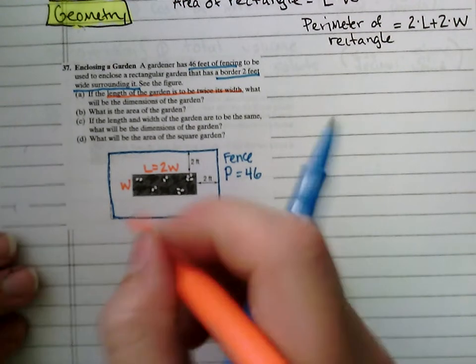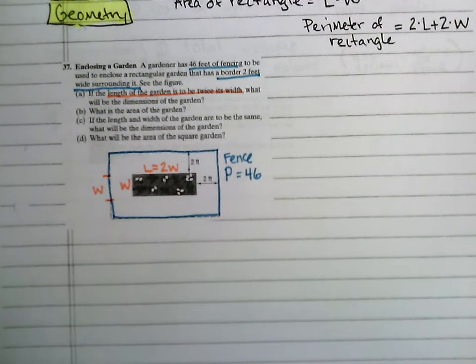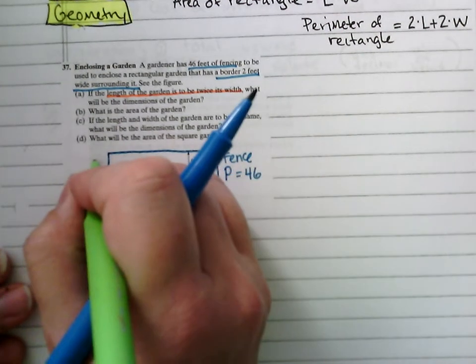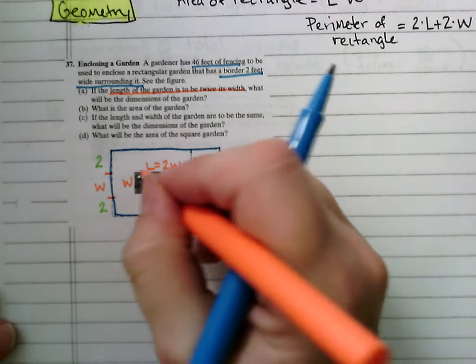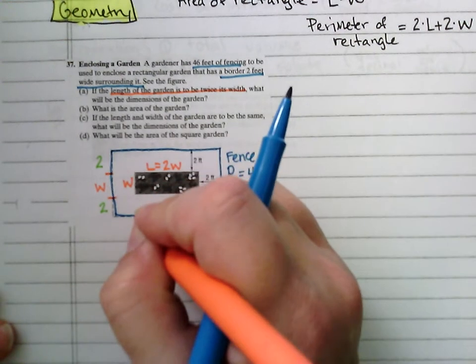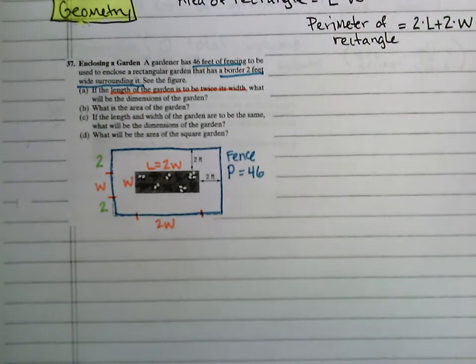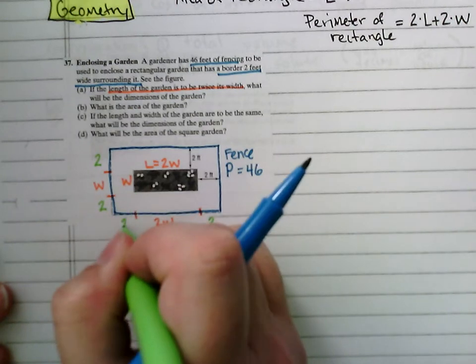If we think about that, the width of the fence would be right here. And then we've got that border going around the garden that they told us is 2 feet wide all the way around. So this is 2 feet and this is 2 feet. And on the length of the fence, this length here is 2W, and then we've got our border of 2 feet here and 2 feet here.